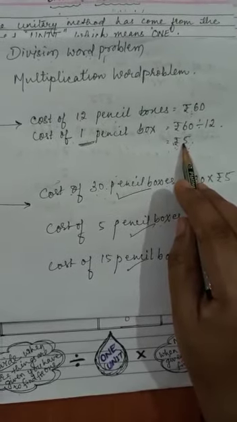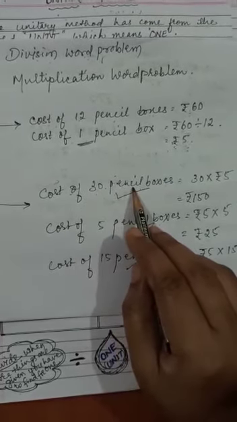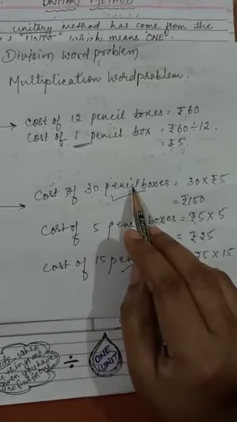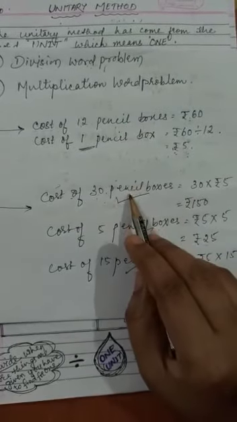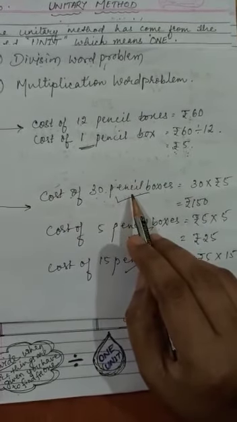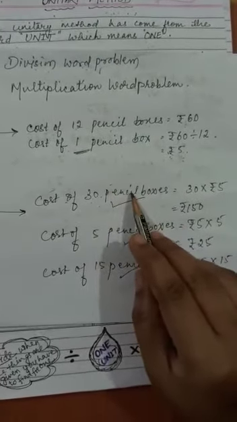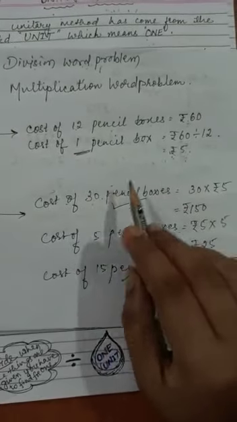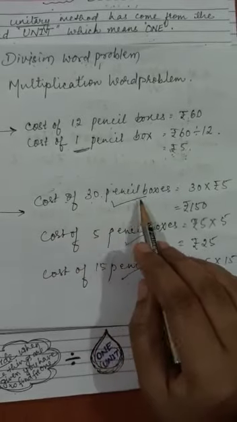Now, if I want to find the cost of 30 pencil boxes, then what should I do? Just recall the word problems of multiplication. In the word problems of multiplication, basically you are given the value of one thing and you are finding for many things, such as here we have got the value of one pencil box and now we are going to find the cost of 30 pencil boxes.